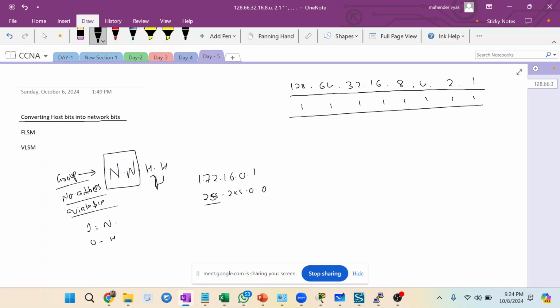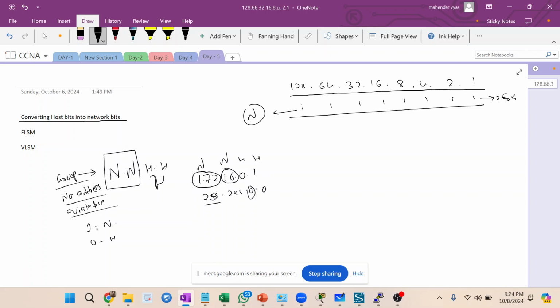All ones, right? If all ones, it will be 255. All ones, yes, this would be network bit. So considering this is my network bit, again 255, this is my network bit. Now I got 0 here, right? This is my host bit.